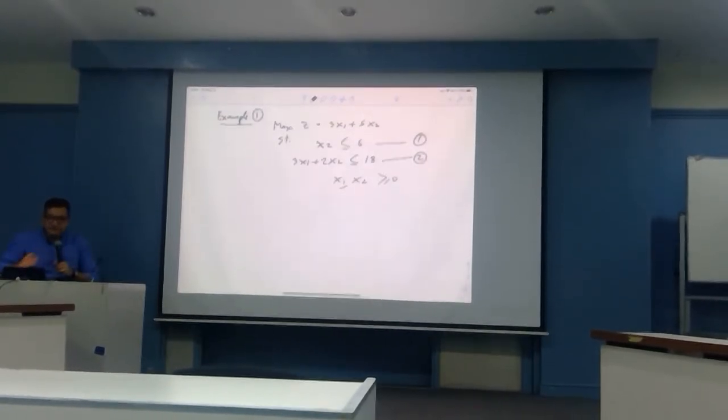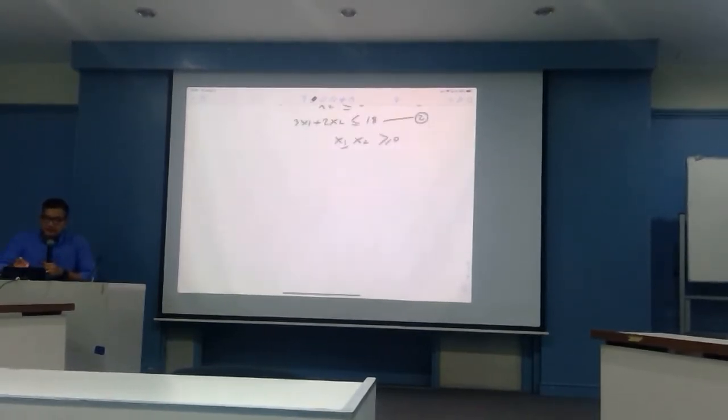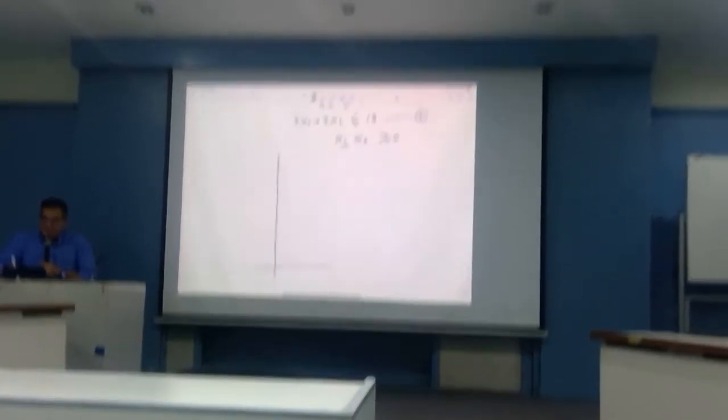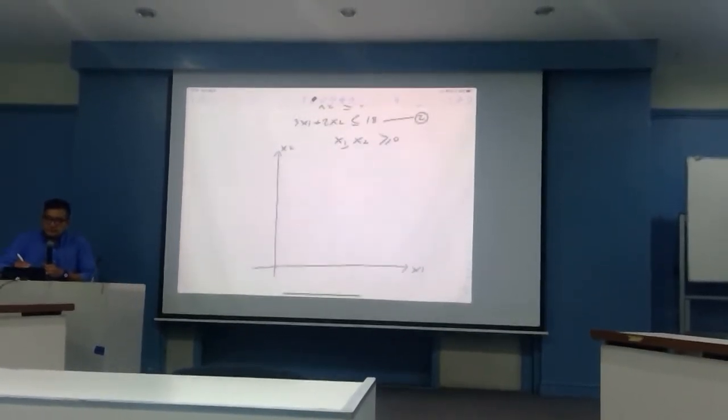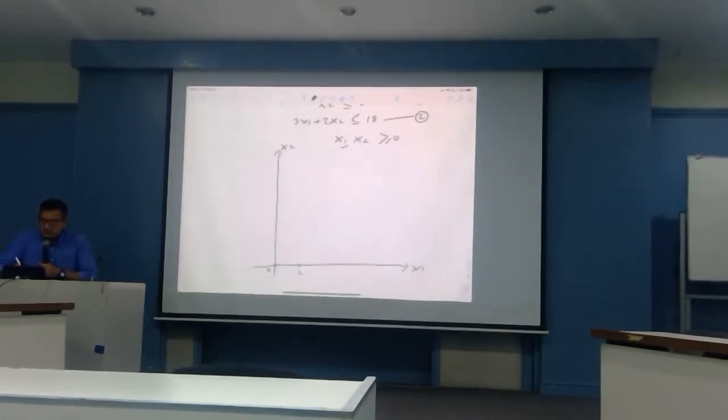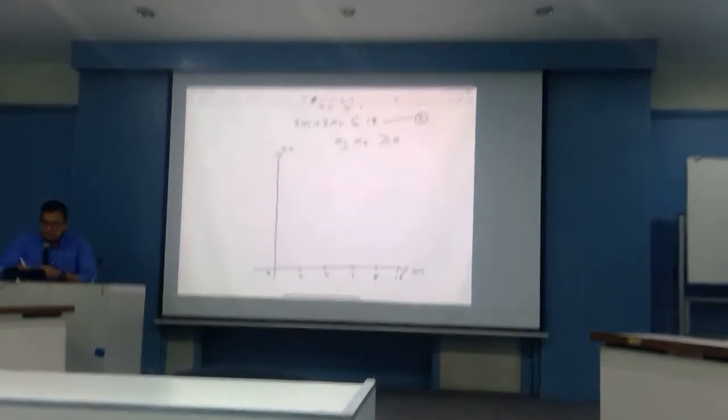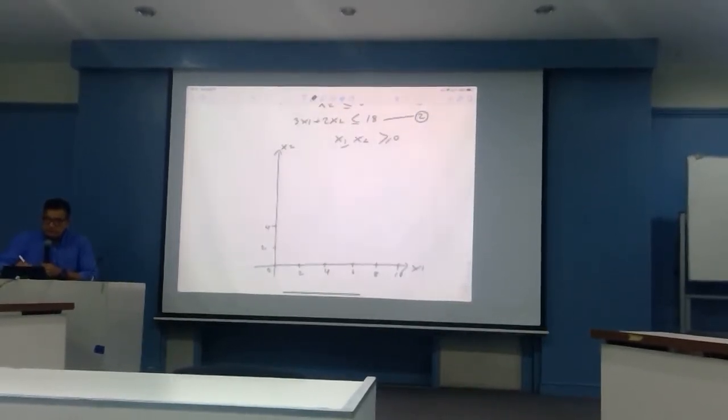So we're going to have it like this: x1, x2, with 0, 2, 4, 6, 8, 10.